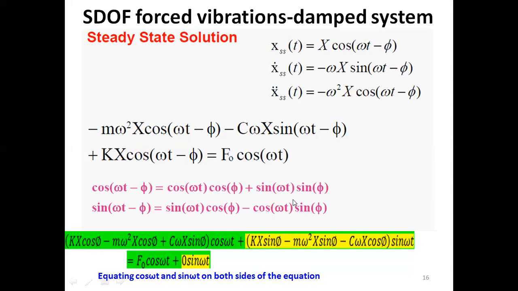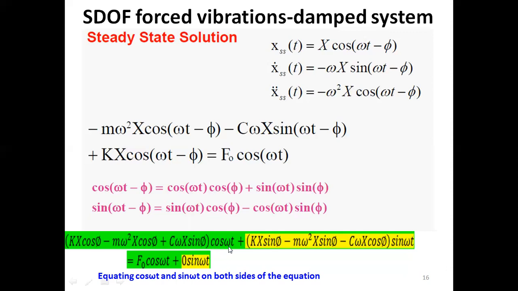Putting this in this equation, substituting for cos(ωt − φ) here, sin(ωt − φ) here, and cos(ωt − φ) here, we would have these terms. Next, we take cos ωt common, because with some terms we would have cos ωt, and with some terms we would have sin ωt.